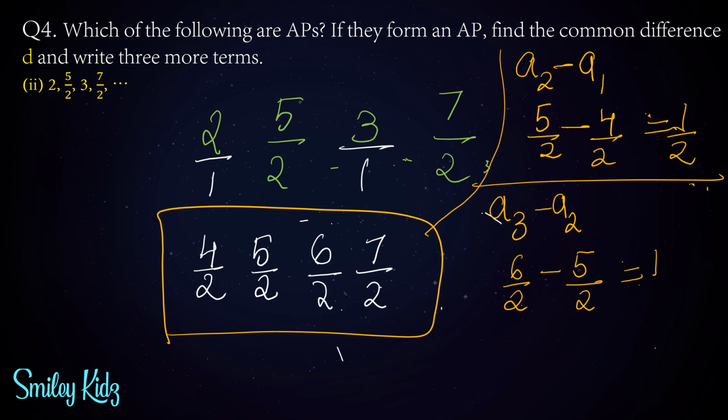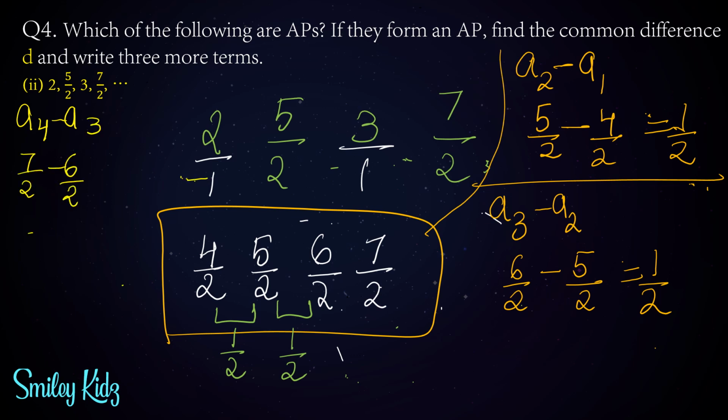Well, we have 1 upon 2 again. Let's see A4 minus A3. It is 7 upon 2 minus 6 upon 2, which is 1 upon 2 again.